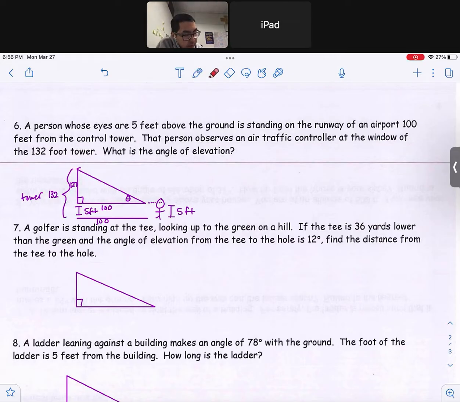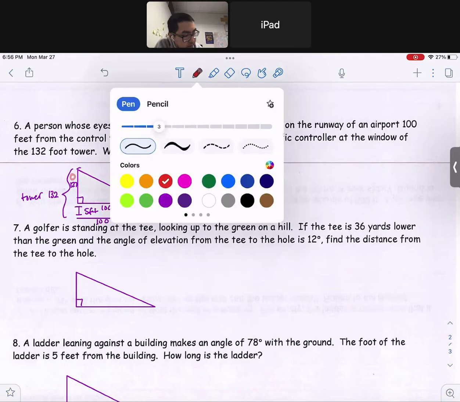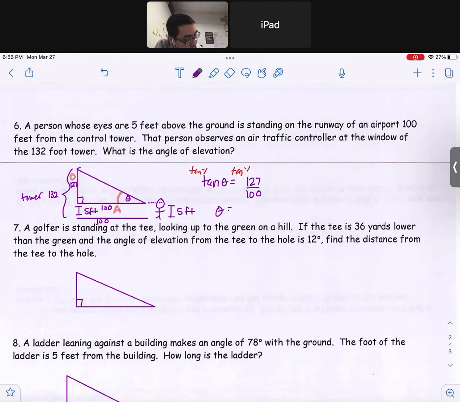Because then we can utilize this triangle, opposite, adjacent, to figure out what our angle is. Tan theta equals opposite over adjacent. And to solve for this angle, we do tan inverse to both sides. Theta equals tan inverse of 127 all over 100.